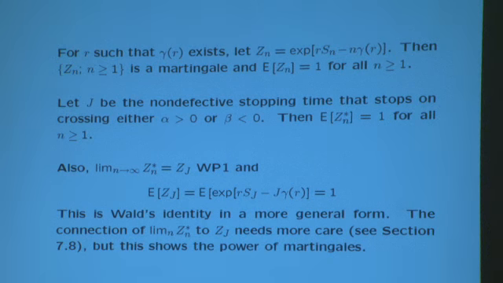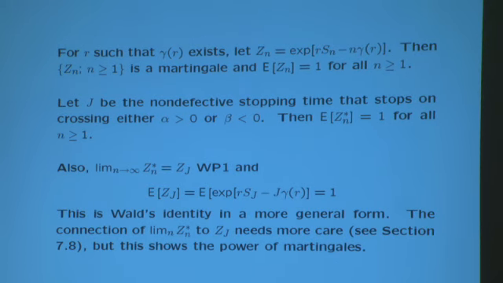There's nothing very sophisticated here. Okay, so if we assume that gamma of r exists, and we let Zn be this martingale, well, this is just what we said before, so you see it here. Let J be the non-defective stopping time that stops on crossing either alpha greater than 0 or beta less than 0.